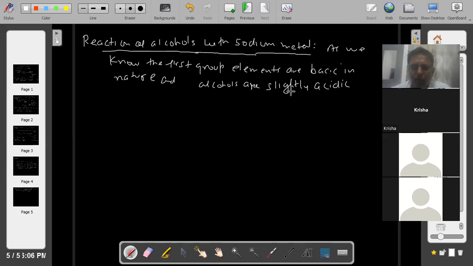When it is slightly acidic, they will react with sodium.